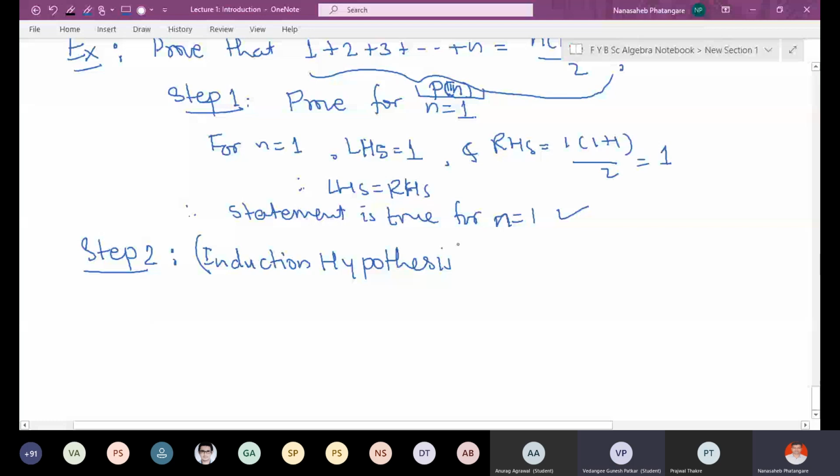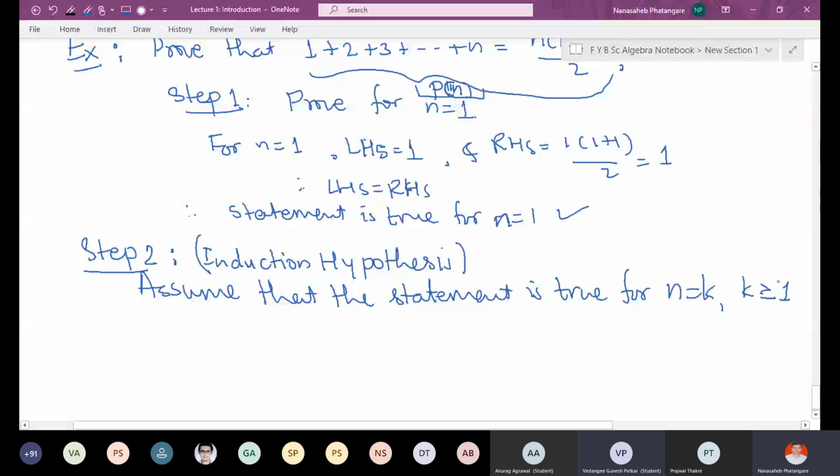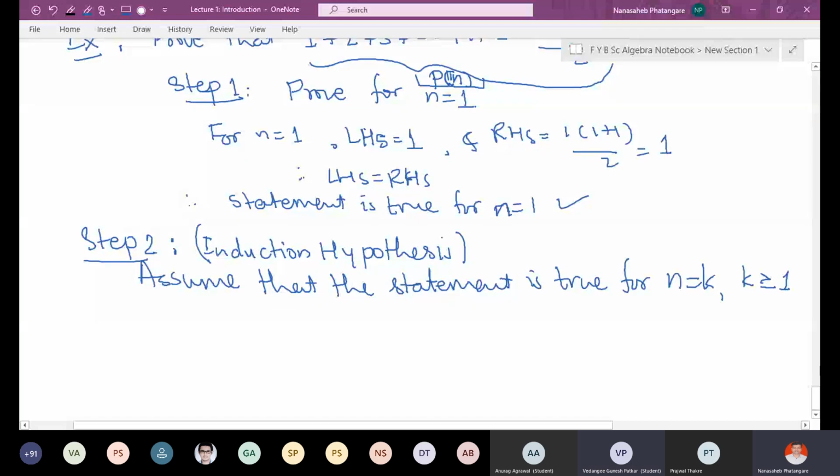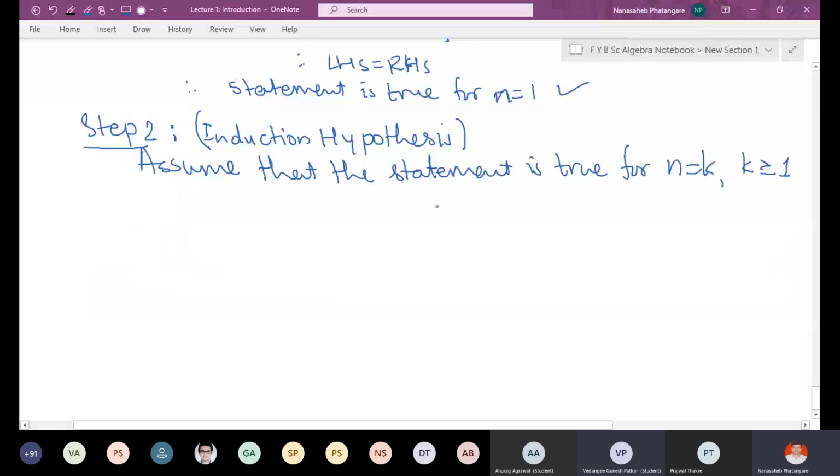Assume that the statement is true for n is equal to k, and k is some number greater than or equal to 1, but already we have proved for n is equal to 1, right? Somebody has kept their mic on, so that's why there is a noise, I think. Okay. So what is the induction hypothesis? Assume that the statement is true for n is equal to k.